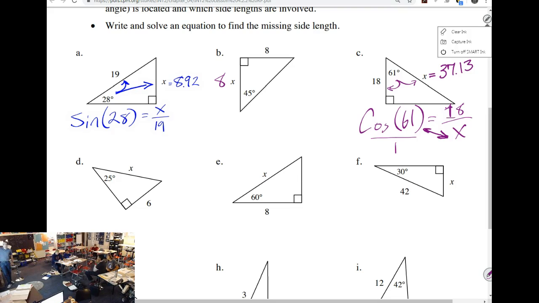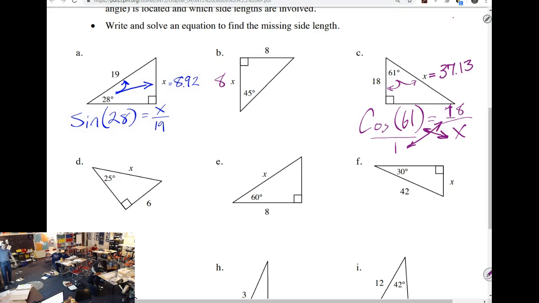So what do we swap? You can swap anything you want. I could swap 18 and cosine. However, that's going to be the reciprocal of x. If you do this division in the wrong order, what you get is actually the reciprocal of x.